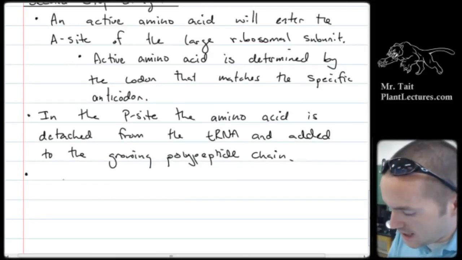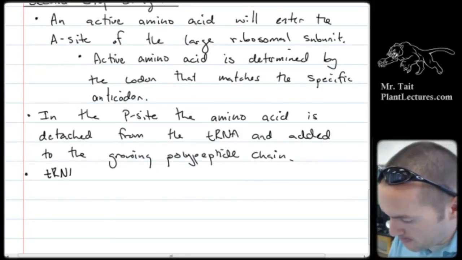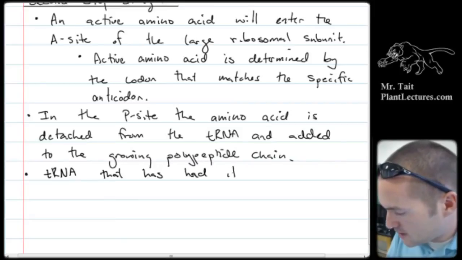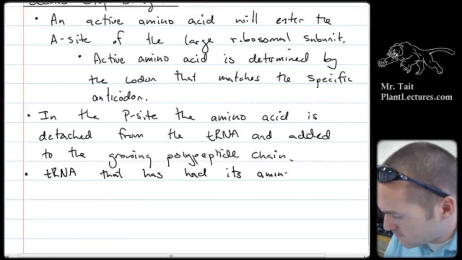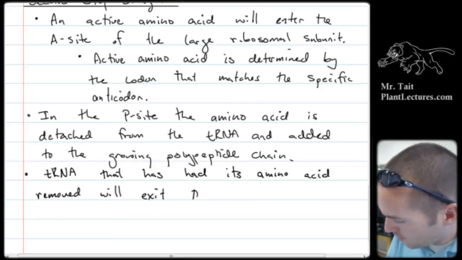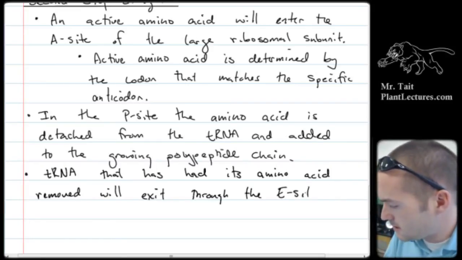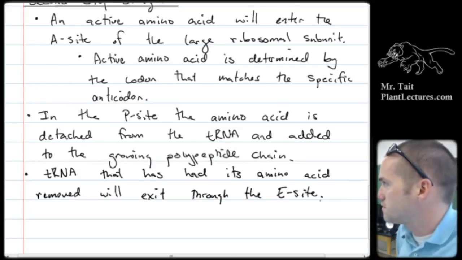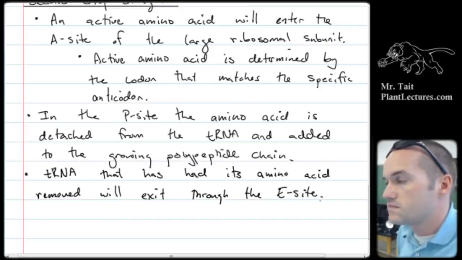And so we can say the tRNA that has had its amino acid removed will exit through the E site. E for exit. Okay?